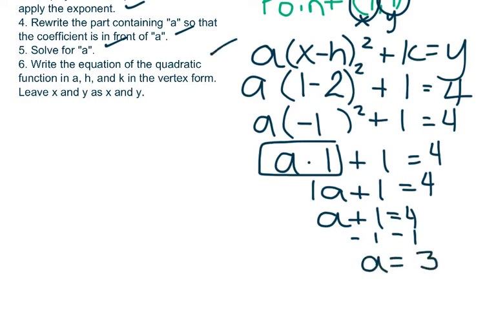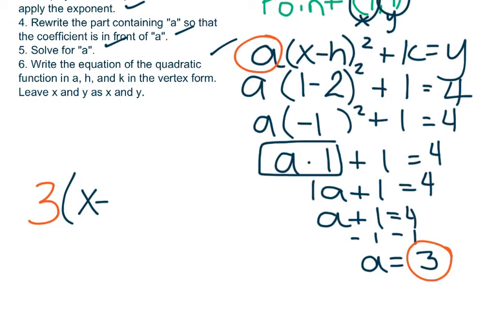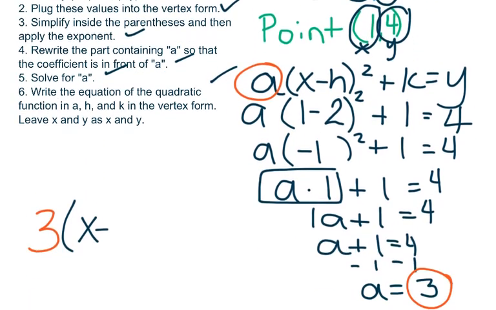And now we're going to write the equation of the quadratic with all of it put in. So a, h, and k we're going to put back into the formula. We found a. It was 3. x is always going to stay x. If you remember, h at the very beginning was 2.